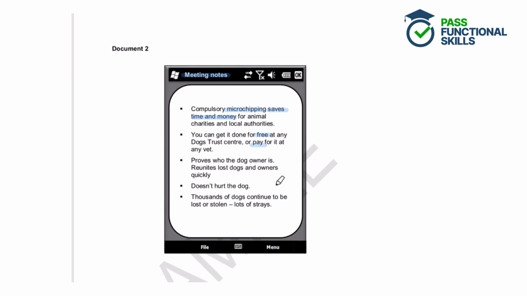It proves who the dog owner is and reunites lost dogs and owners quickly. So these are all benefits that we might want to talk about. It doesn't hurt the dog, and thousands of dogs continue to be lost or stolen, lots of strays. So we could use those notes to inspire our answer.